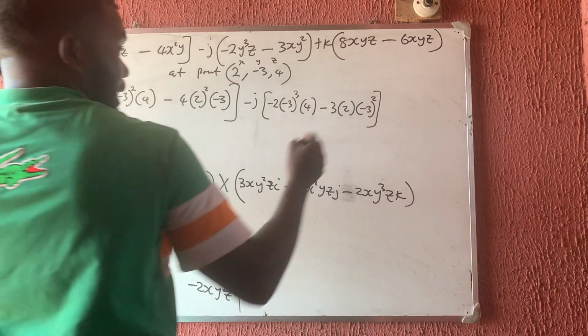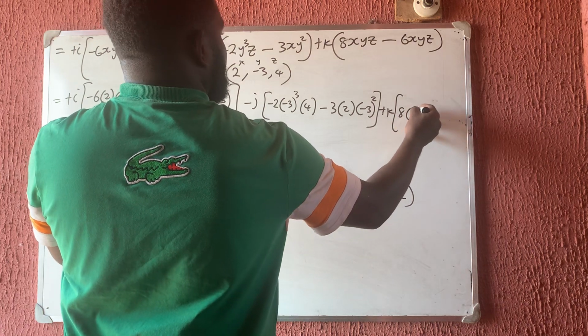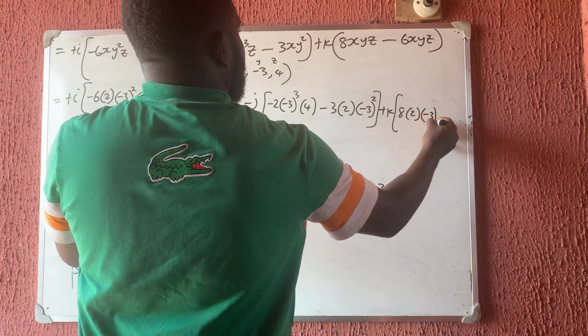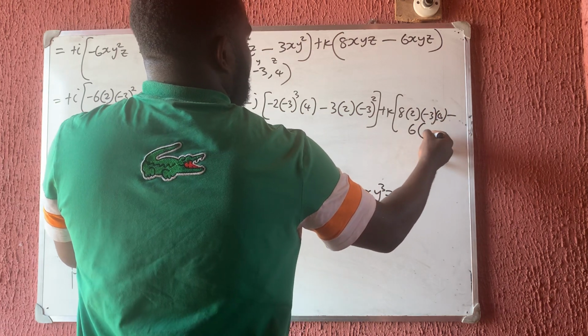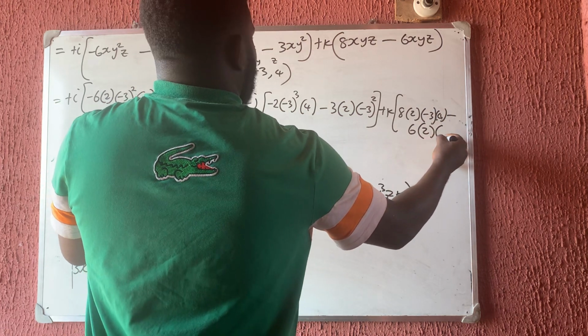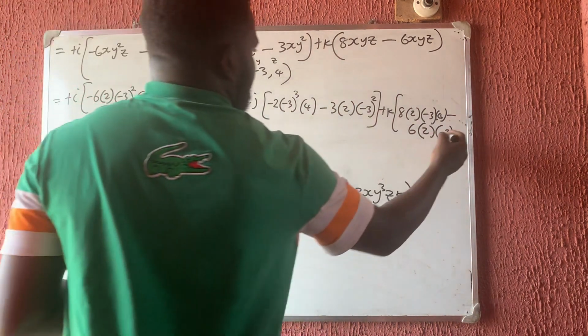Okay, then finally plus k into 8 in bracket of 2, in bracket of minus 3, in bracket of 4, minus 6 into 2, into minus 3, into 4 again.